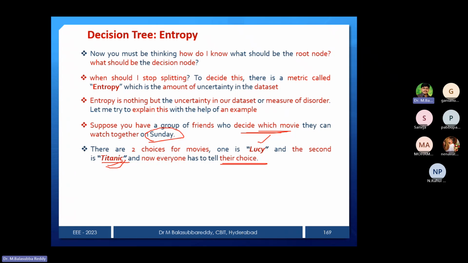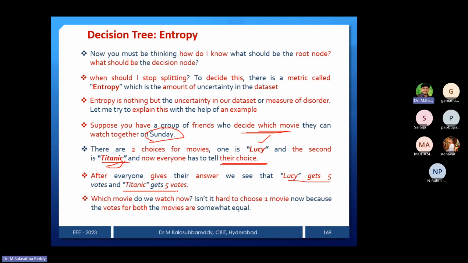But if both are the same or near the same, say Lucky got 5 votes and Titanic also got 5 votes, then it is difficult to select which movie. It is hard to choose one because the votes of both movies are somewhat equal.